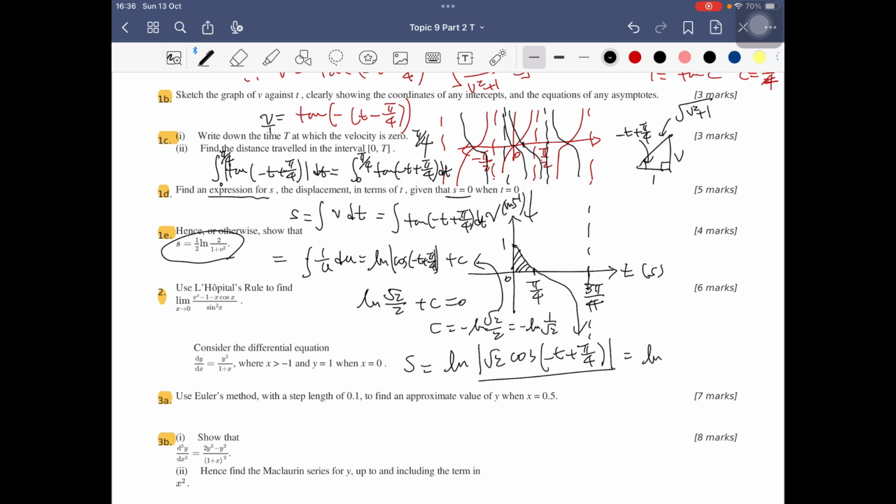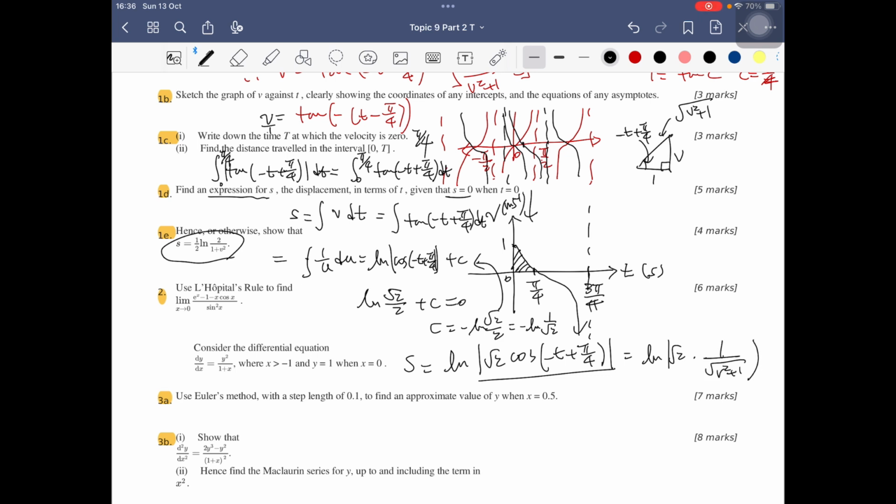So ln of square root of 2 cos. Am I doing well? Cos is 1 over the square root of v squared plus 1.